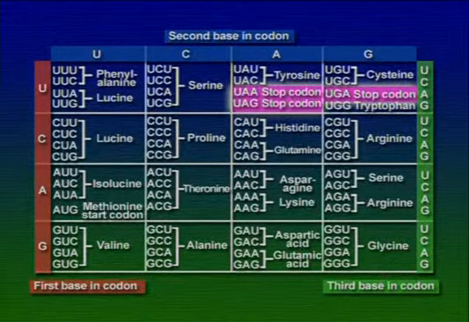So given that there are 61 codons that are functional codons in this sense, you might guess then that there should be 61 different kinds of tRNAs, one for each of the codons coding for an amino acid. In fact, there are fewer tRNAs than this. There are only about 45 kinds of tRNAs. This is because some tRNAs recognize more than one codon.